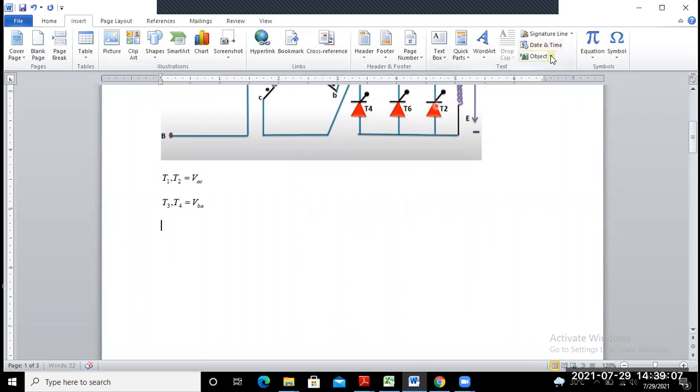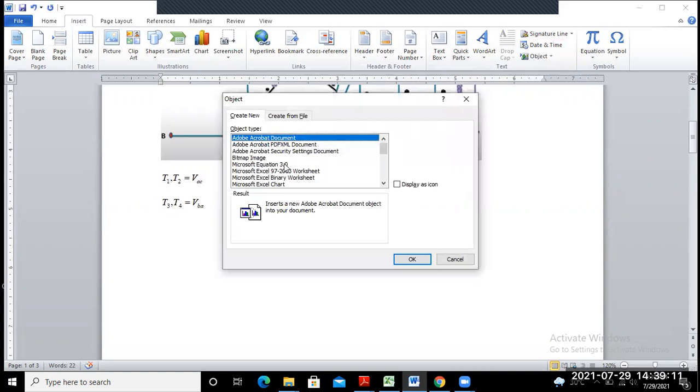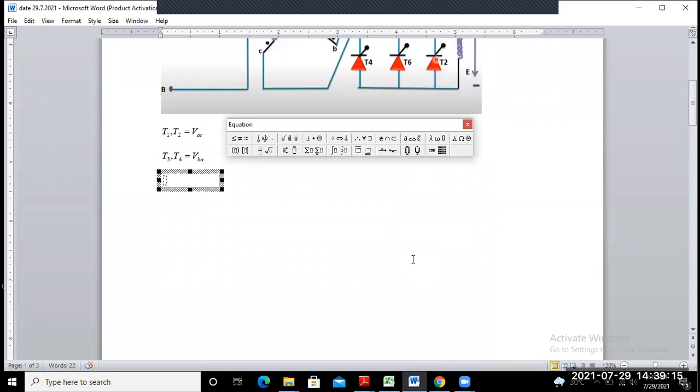When thyristors 5 and 6 conduct, that voltage is represented by VCB.